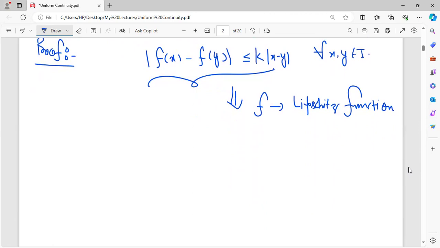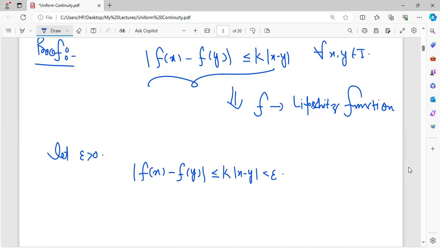Let epsilon greater than 0. We want to make |f(x) - f(y)| less than epsilon, but we know that this is less than k times |x - y|. If we can make this quantity less than epsilon, automatically |f(x) - f(y)| will be less than epsilon. So we solve for |x - y|.